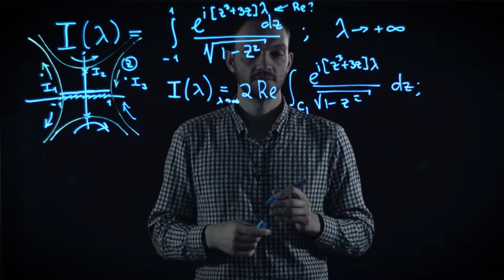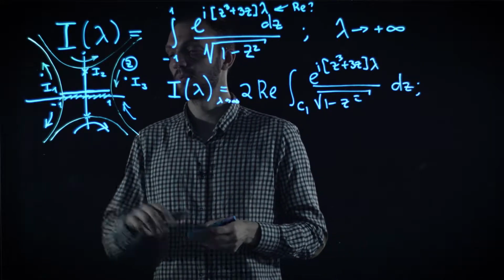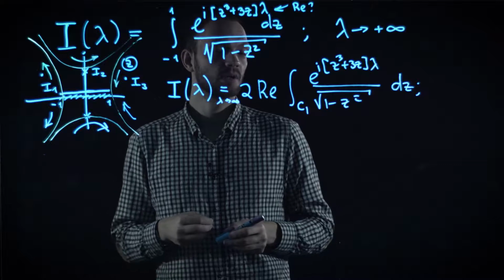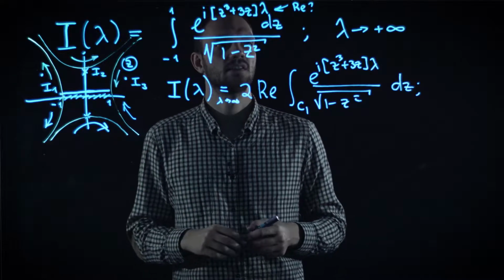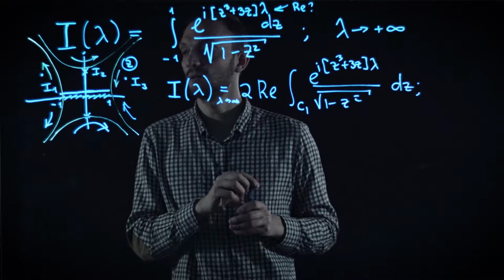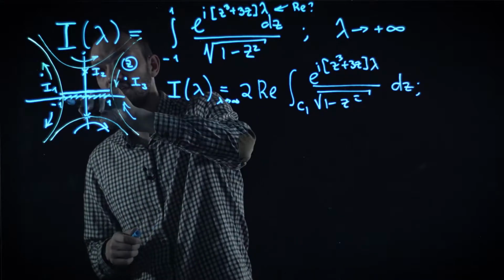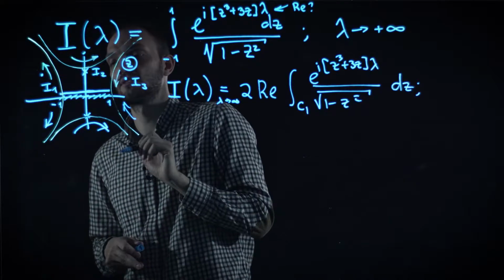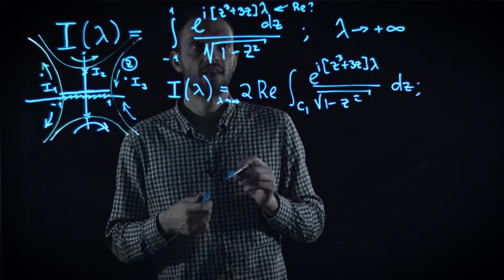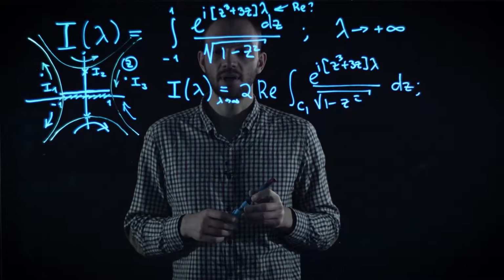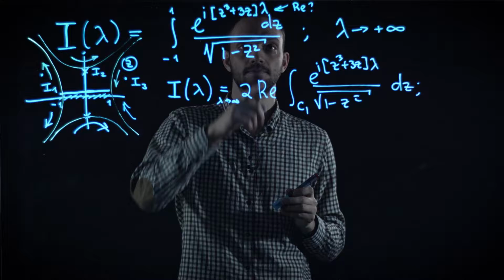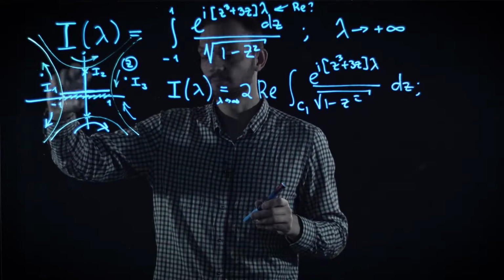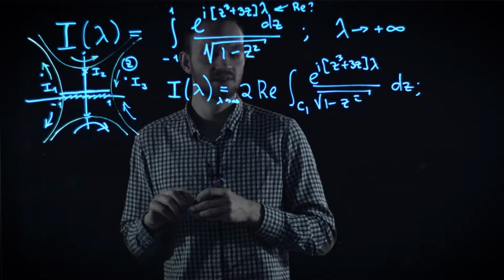So in order to evaluate this, we need, of course, to parameterize this part of the contour. But our general understanding, and we will see exactly how it works in this example now, is such that only a tiny contribution of this contour will contribute, and the width of this part which contributes is controlled by lambda. And this contributing part becomes smaller and smaller as lambda becomes larger and larger.